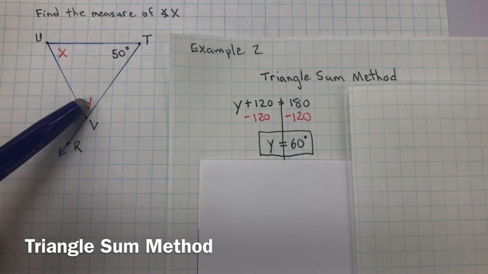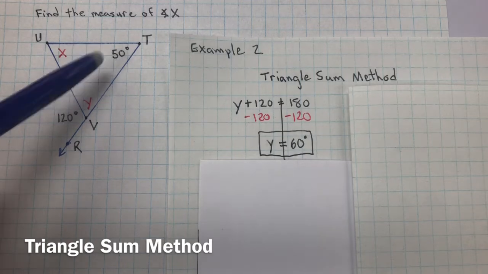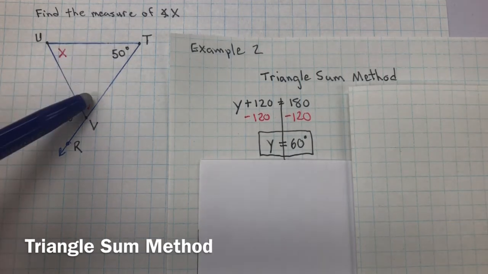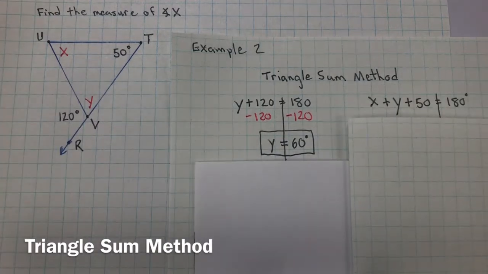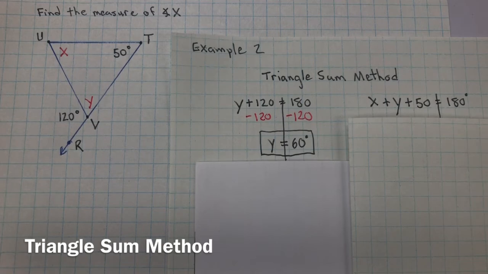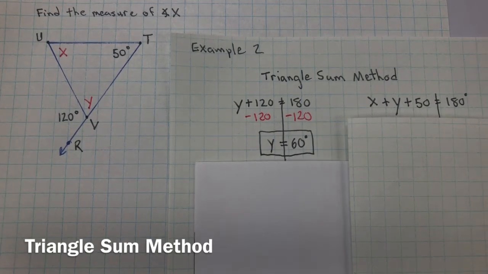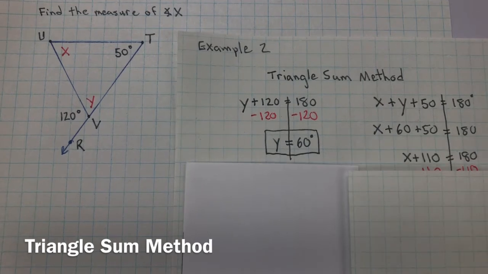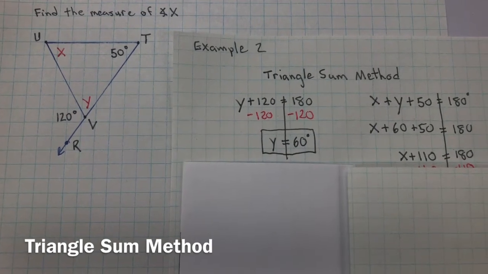Well, now that we know what y equals, we can add the measures of the interior angles. And we know that x plus y plus 50 equals 180 degrees. And we already determined that y equals 60. So 60 plus 50 equals 110.